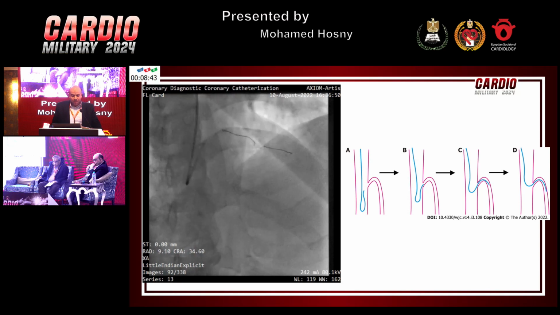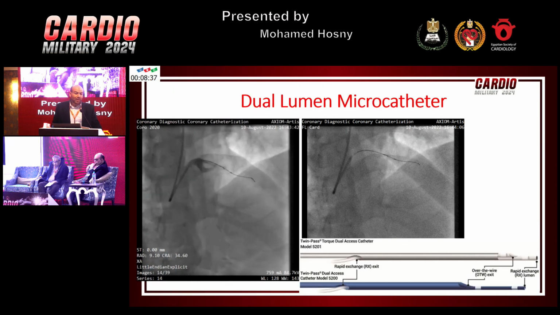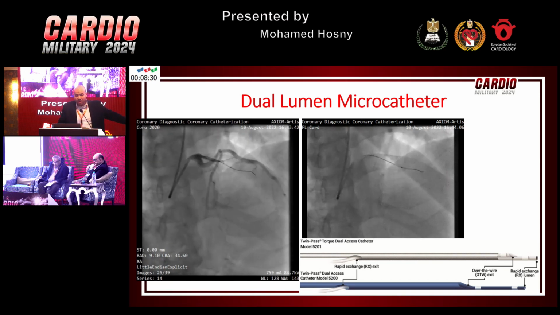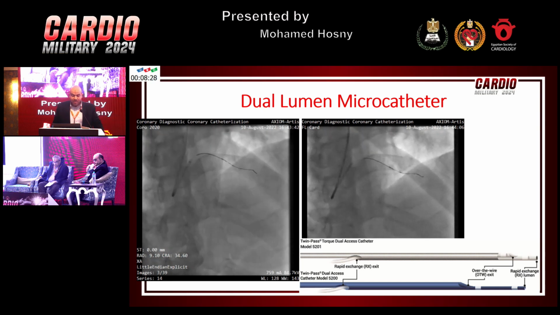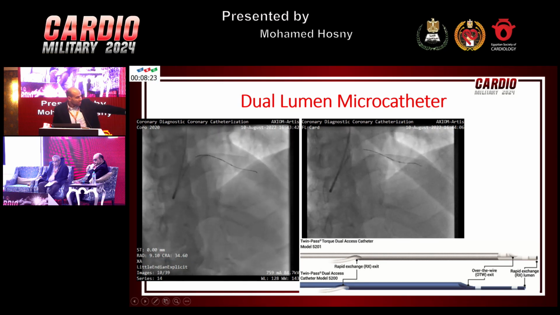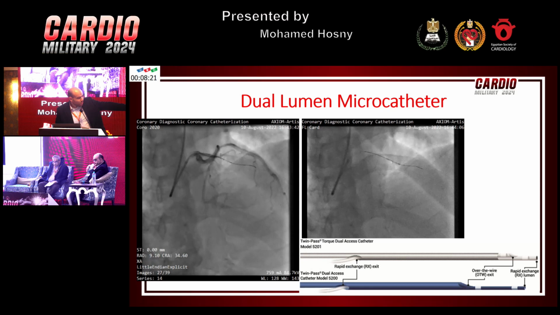So the next option that we can introduce here is the dual lumen microcatheter. Dual lumen microcatheters, as you all see, have almost the same design. It's a type of microcatheter that has double lumens. One lumen has a monorail design.